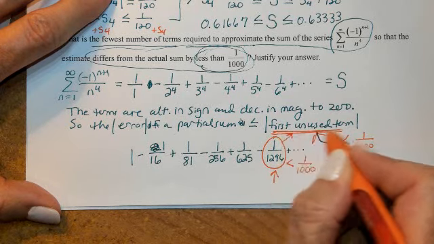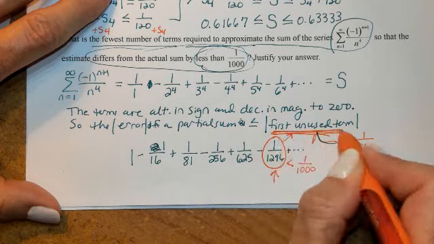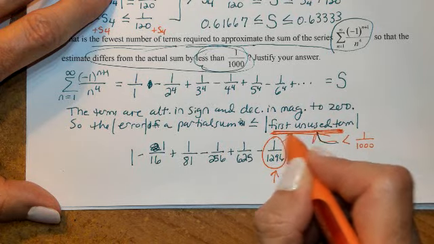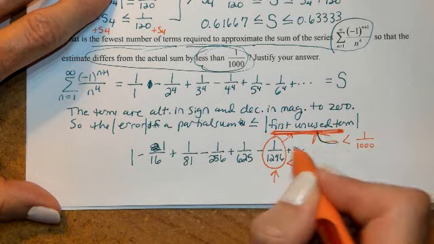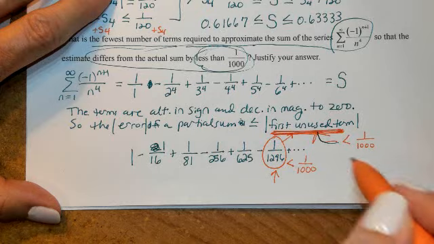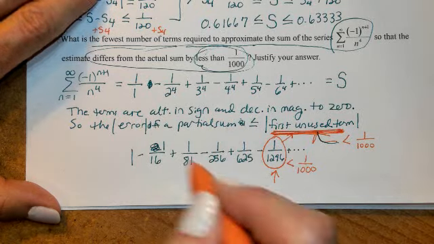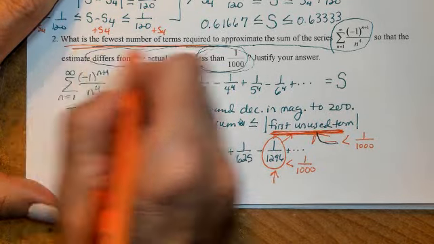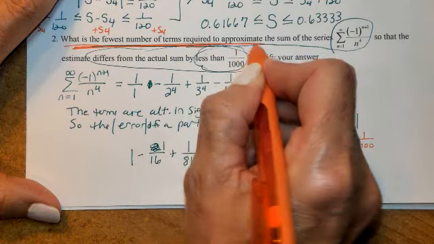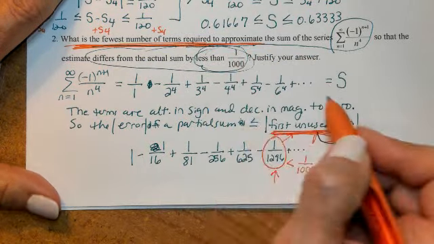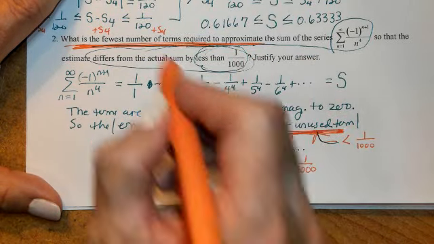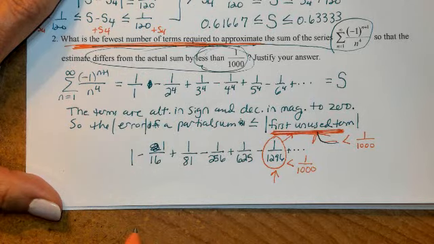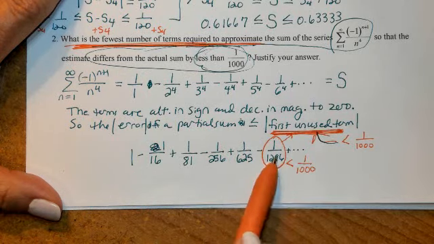It's my first omitted term. And I say that because I'm about to ask you a question. How many terms should I use? What is the fewest number of terms required to approximate? How many terms should I use in my partial sum if this is my first unused term?